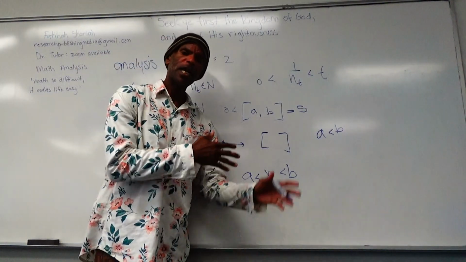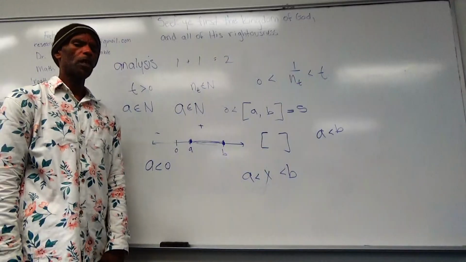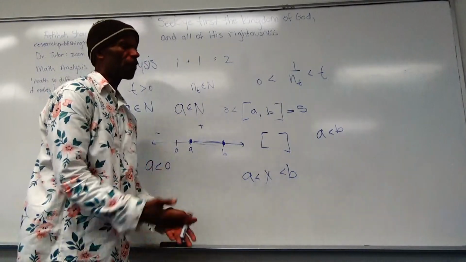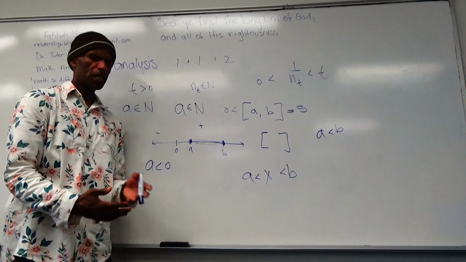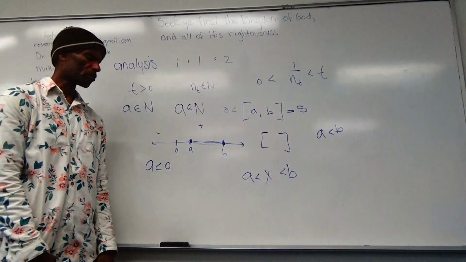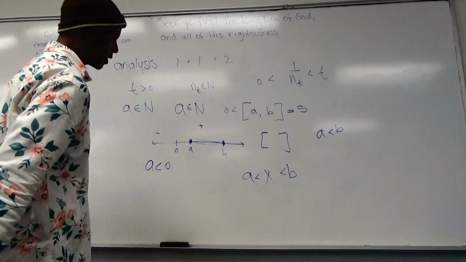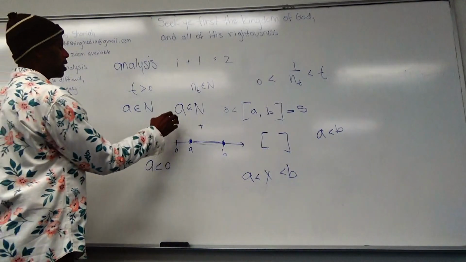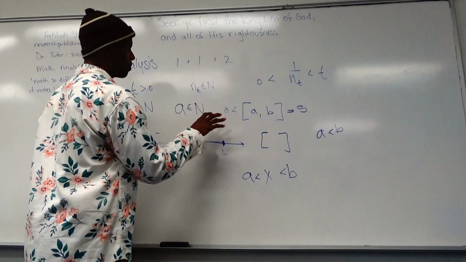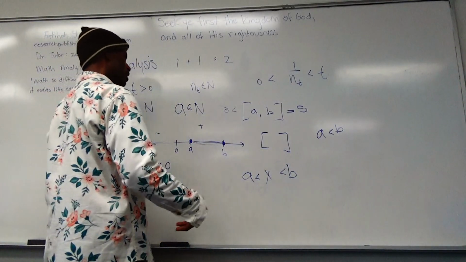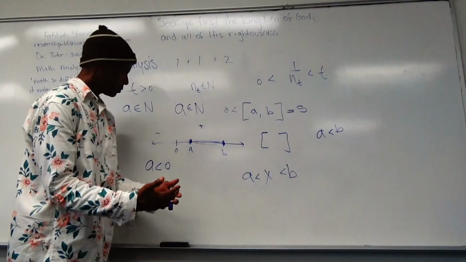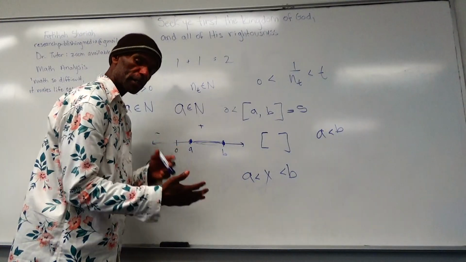Is A equal to 0? If I say less than 0, then I ask you equal to 0, that's going to kind of give you the answer, right? But if you see a variable in the natural number set, and then someone asks you, is A less than 0?